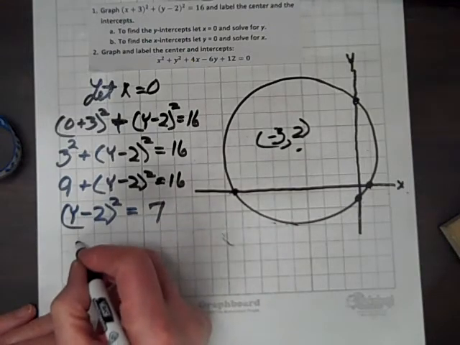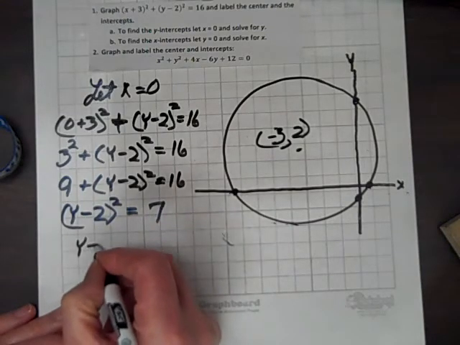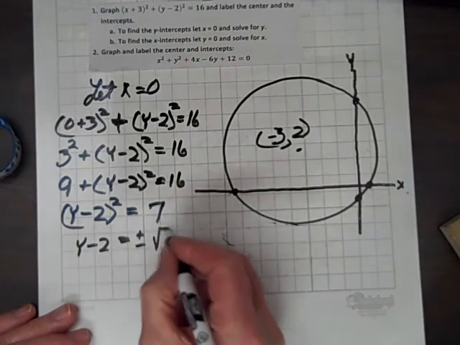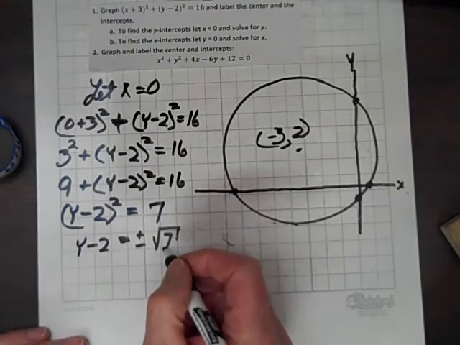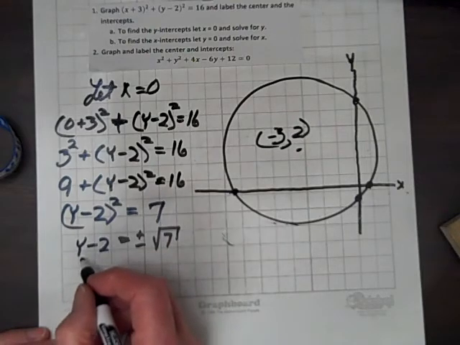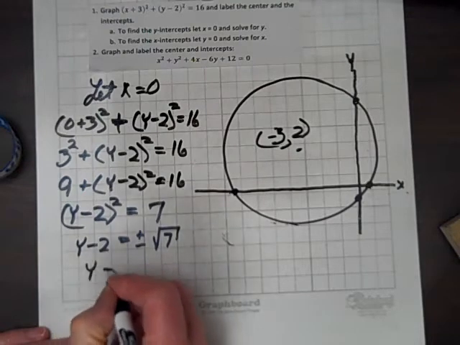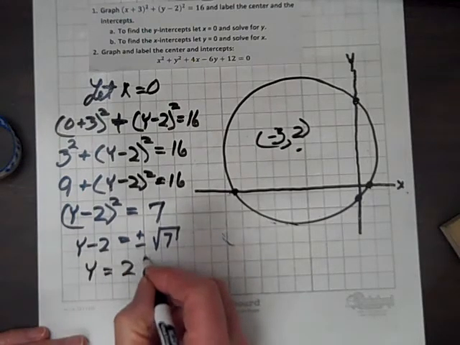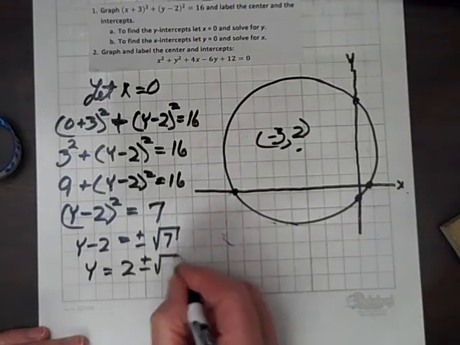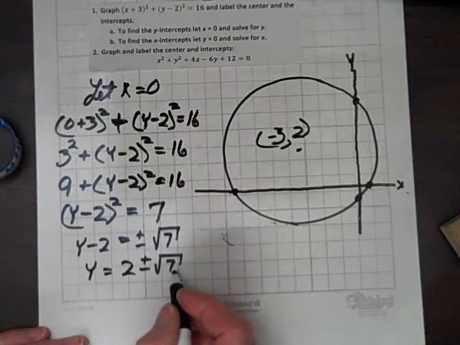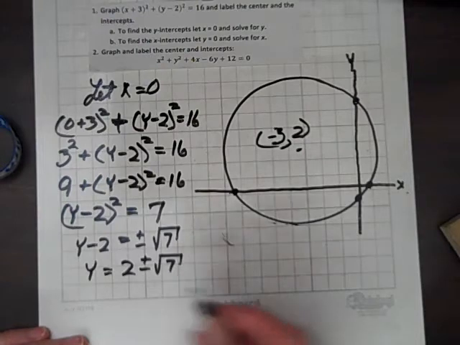So by the square root property, y − 2 = ± √7. Now we have to isolate y, so we'll add 2 to both sides. So y = 2 ± √7. Now these are the y-intercepts.